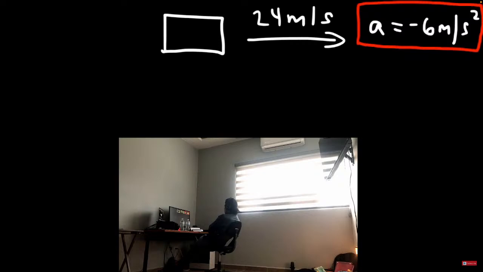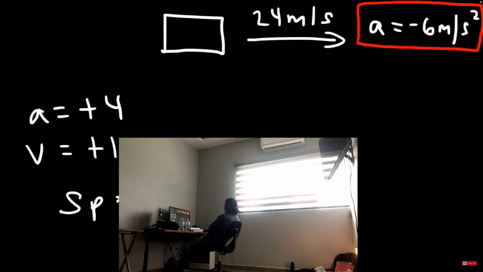In the last example, the acceleration was positive 4 and the velocity had positive values. It started with positive 12. And so because velocity and acceleration have the same sign, the object was speeding up. So you may want to write this down.